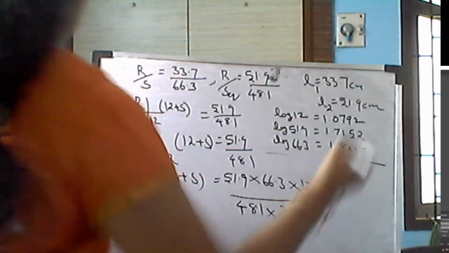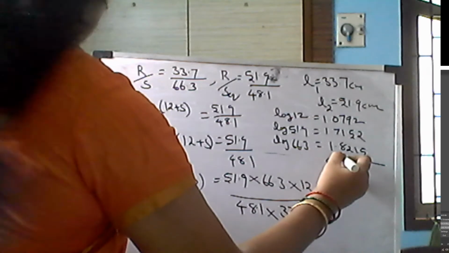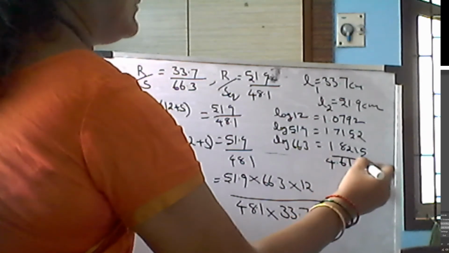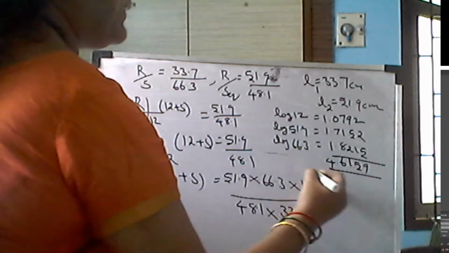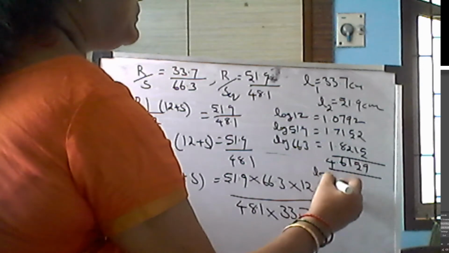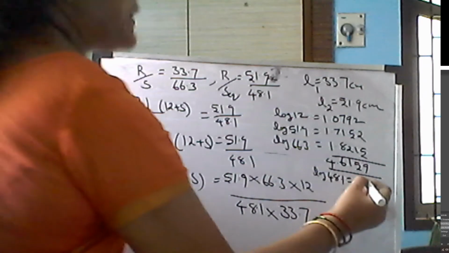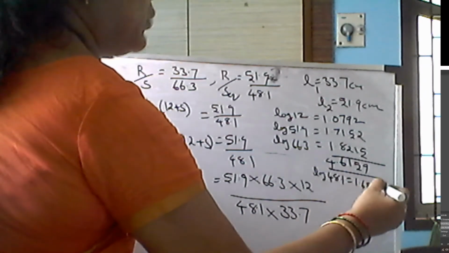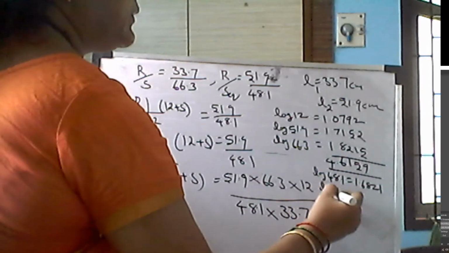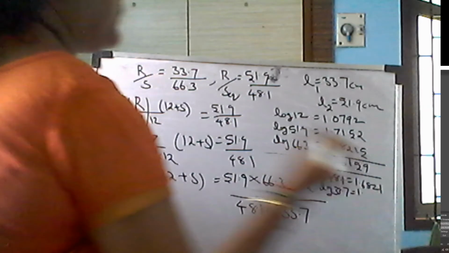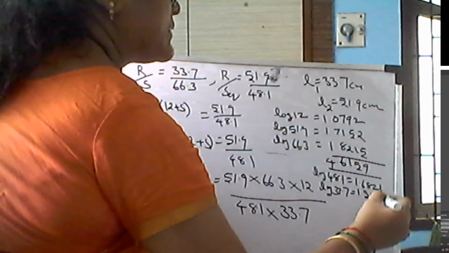Now if you add these three, I have calculated already, the total is 4.6159. In the denominator, log 48.1 is 1.6821 and log 33.7 is 1.5276.